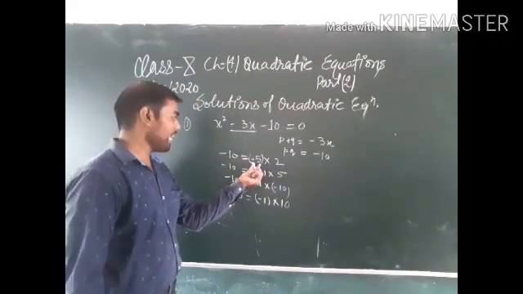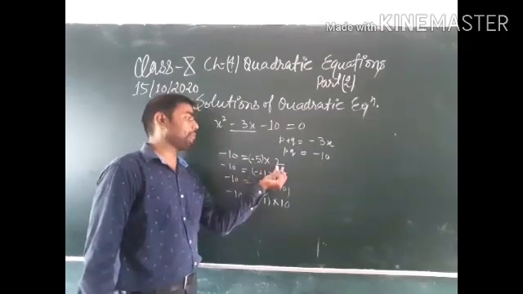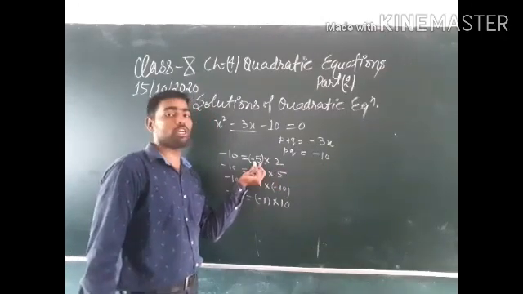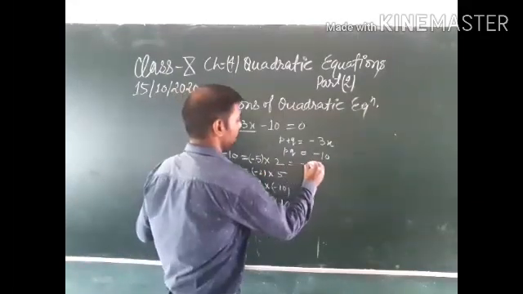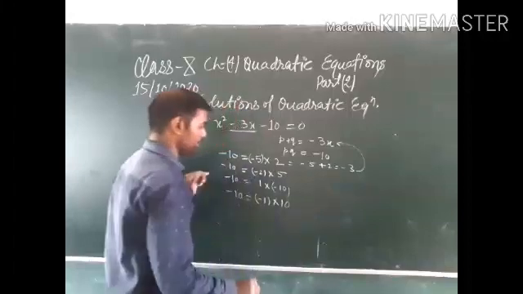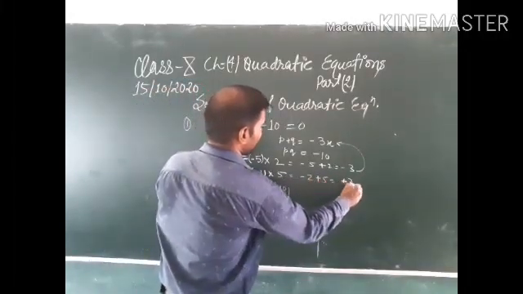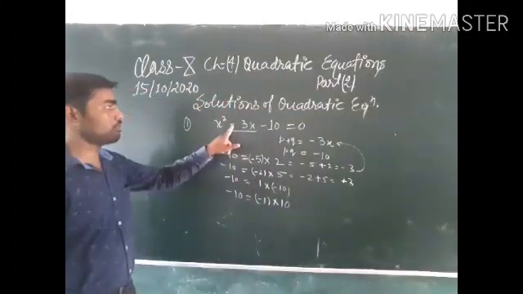When we take minus 5 plus 2, we get minus 3, which is the middle term. When we take minus 2 plus 5, it is plus 3, but we need minus 3.